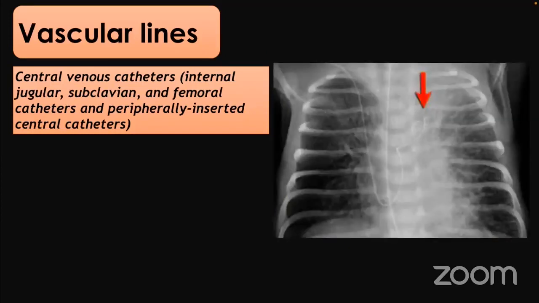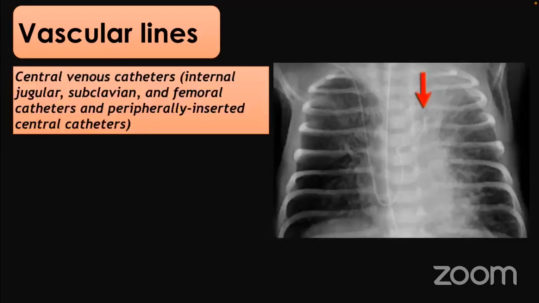And here as well, we have another malpositioned peripherally inserted catheter. In this image, the tip of the catheter has entered a pulmonary vein here.